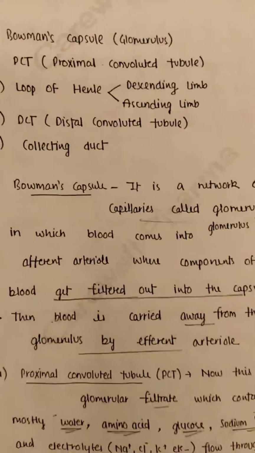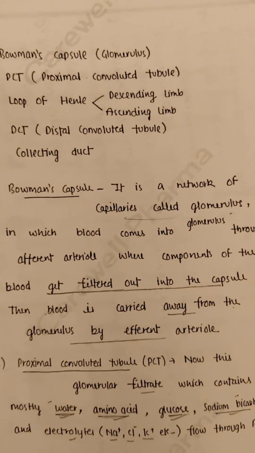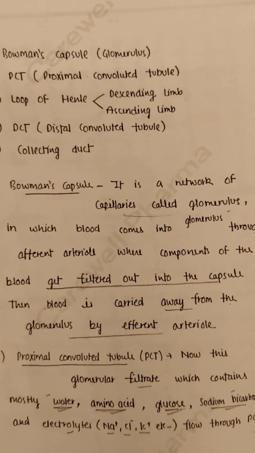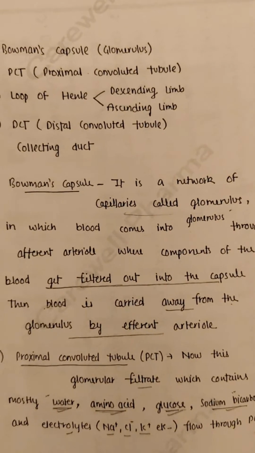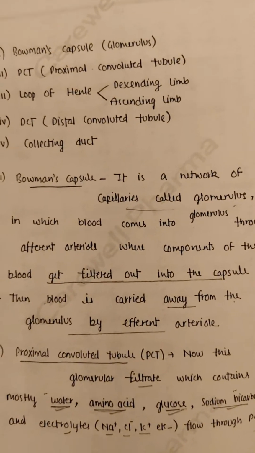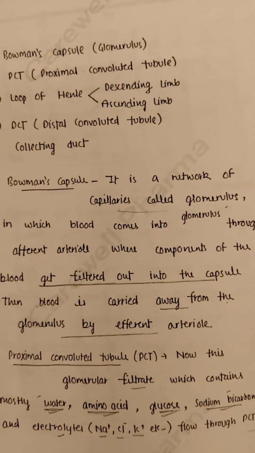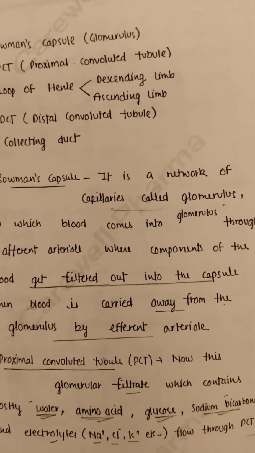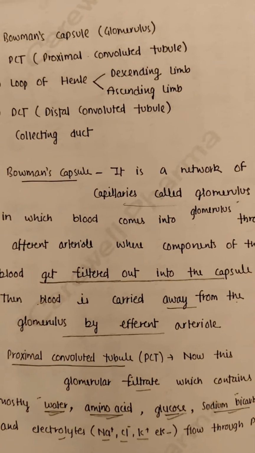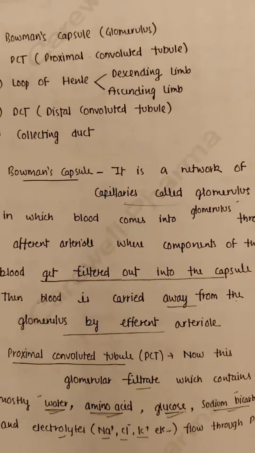So here you can see the Bowman capsule, which is a network of capillaries. Because of that, when the blood comes from the arteries, some components which come along with the blood will filter out in the Bowman capsule. So the first important part is the Bowman capsule, where the absorption and reabsorption process starts.